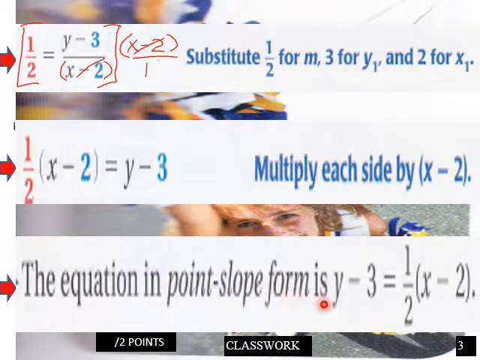The equation in point-slope form is y minus 3 equals 1/2 times (x minus 2). Isn't that slick how we came up with point-slope form here? Instead of slope-intercept, now we have point-slope. We have slope, and then we have a point here. This is one half of the point. This is the other half of the point here.